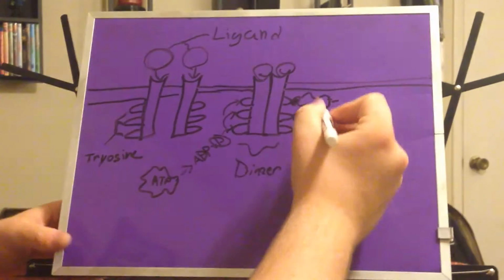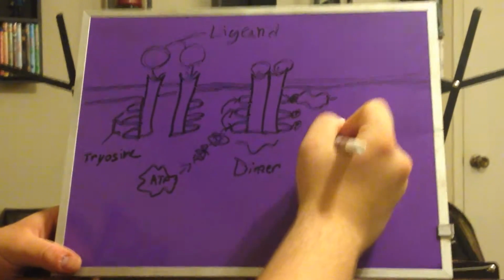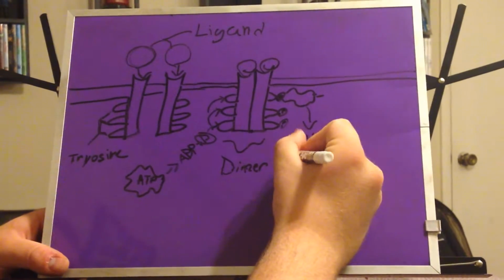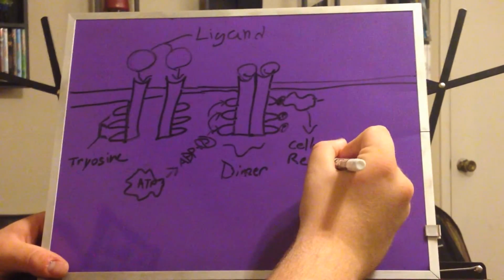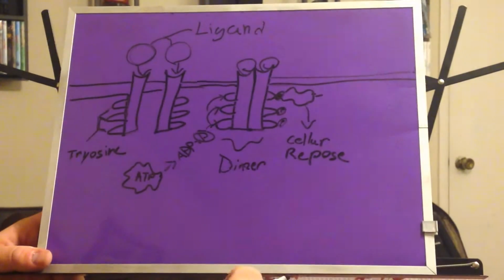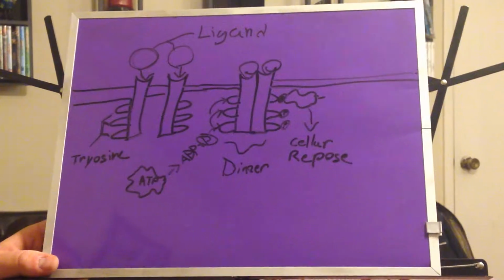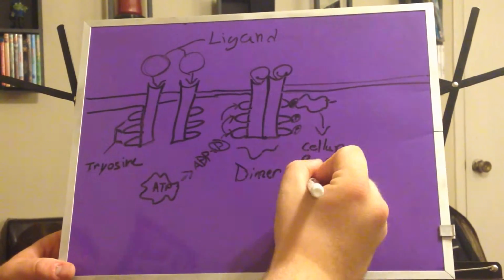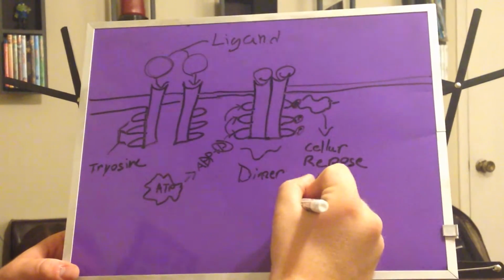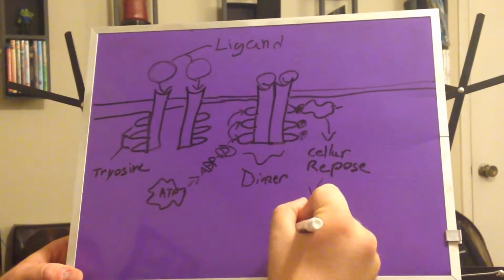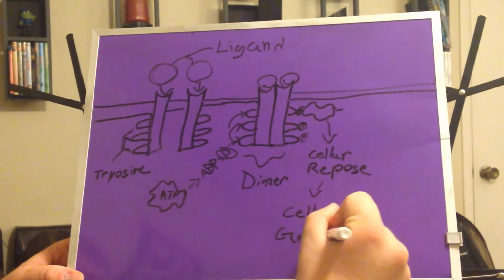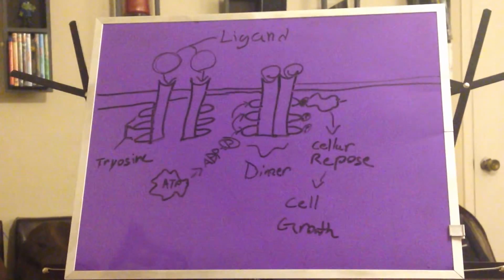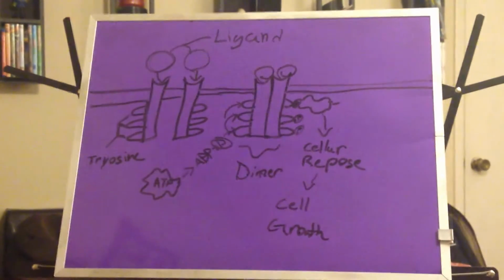And what happens is, well, when they connect, you'll get a cellular response depending on the protein, and in this case it's going to cause a cellular response of cell growth. And that is a simple version of the kinase pathway.